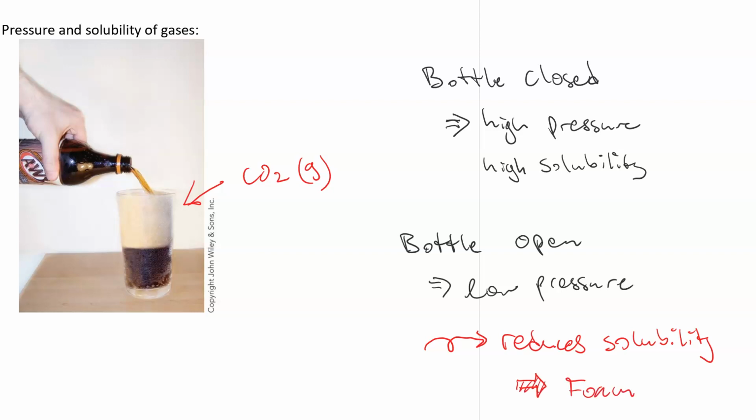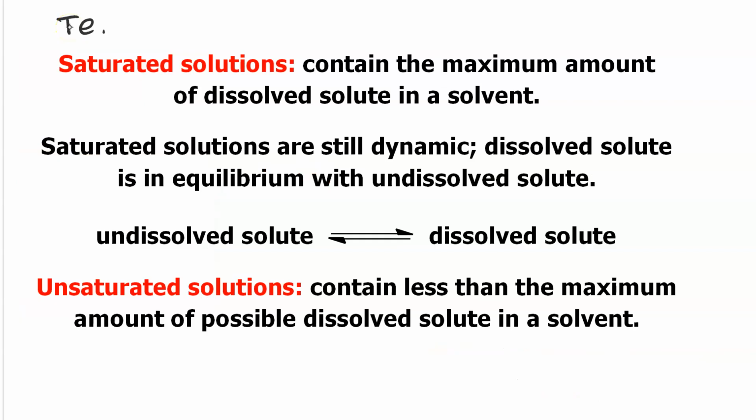Now for some quick terminology. A saturated solution contains the maximum amount of dissolved solute in a given amount of solvent. Saturated solutions are solutions that have as much solute as their solubility.